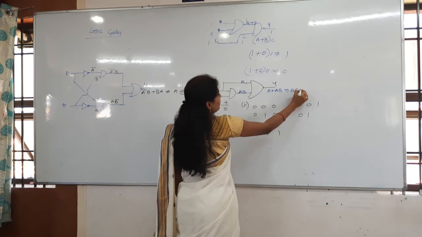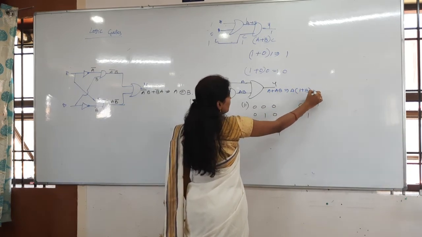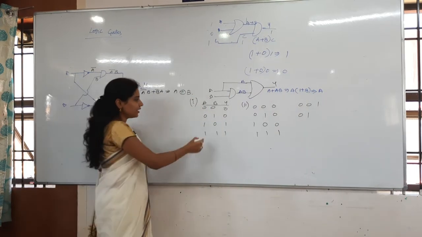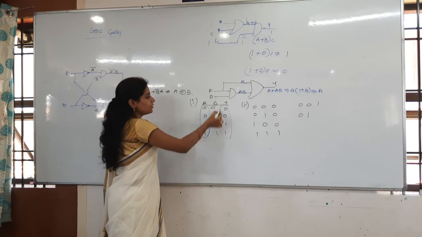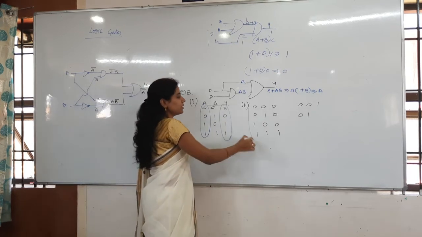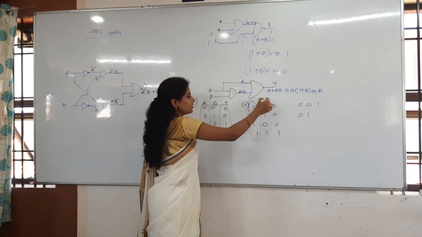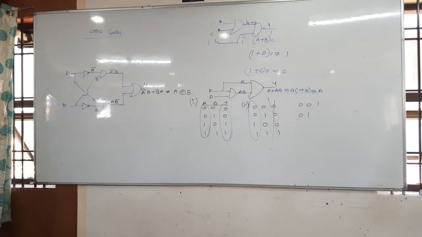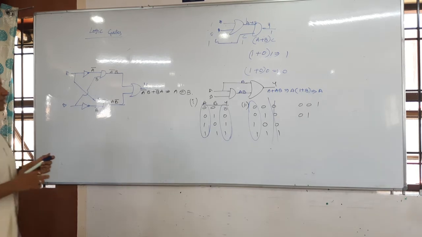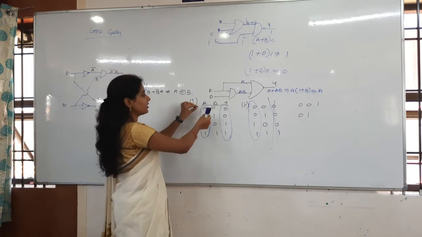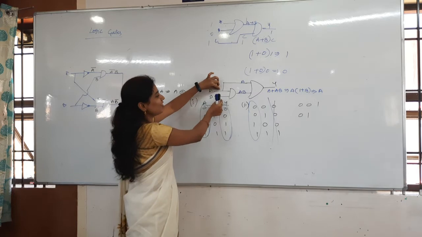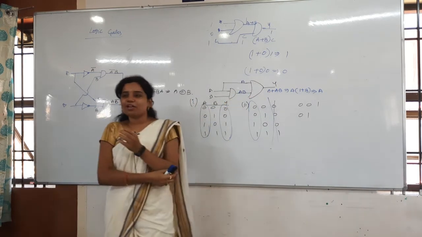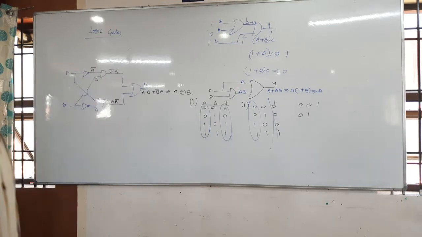Then A common, 1 plus B. 1 plus anybody is 1. Answer is A. A is 0011, Y also 0011. Here A is 0011, but Y is 00011. Wrong answer. Clear? So that is how you can check by the Boolean expression, or you can sit for 1 hour and check each and every case. But don't do biology at that time.